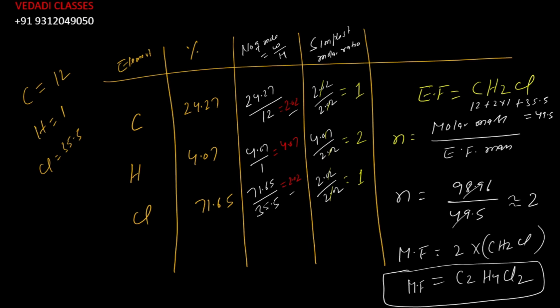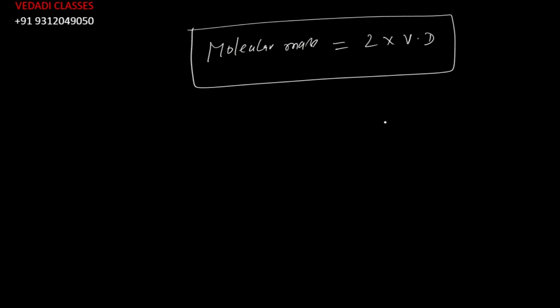We just take the whole number ratio, so if 2.01 or something like 2.02 comes, we consider 2. Such types of questions will come from empirical formula and molecular formula. I hope you will be able to solve such questions when they are given related to molecular formula and empirical formula.